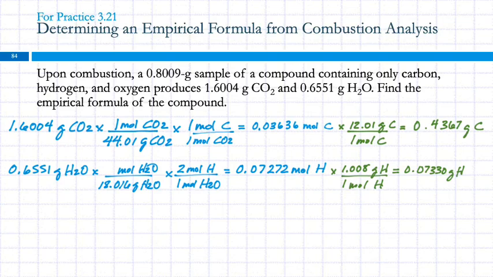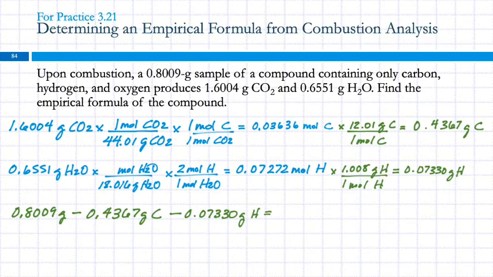I need to do that so that I can find the mass of oxygen. I had 0.8009 grams of the compound, and I can subtract the mass of carbon and subtract the mass of hydrogen, and what's left is my mass of oxygen. 0.8009 minus 0.4367 minus 0.0733 equals 0.2909 grams of oxygen.